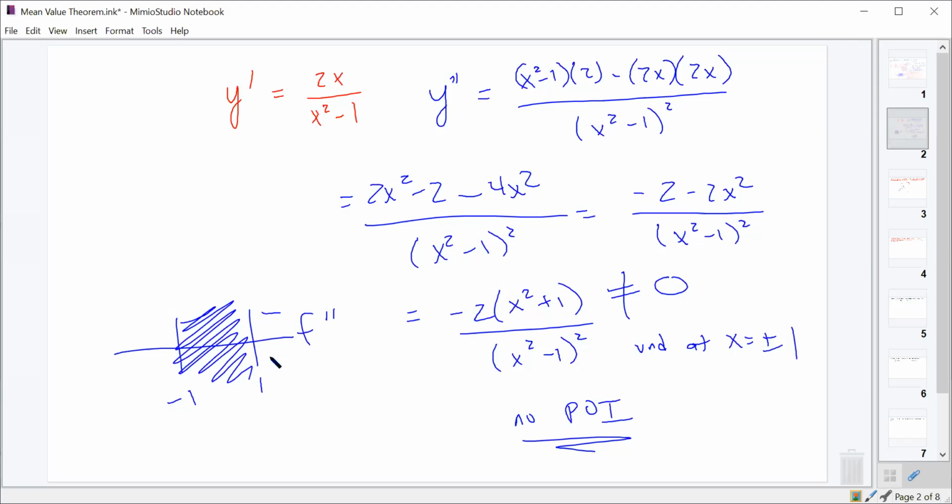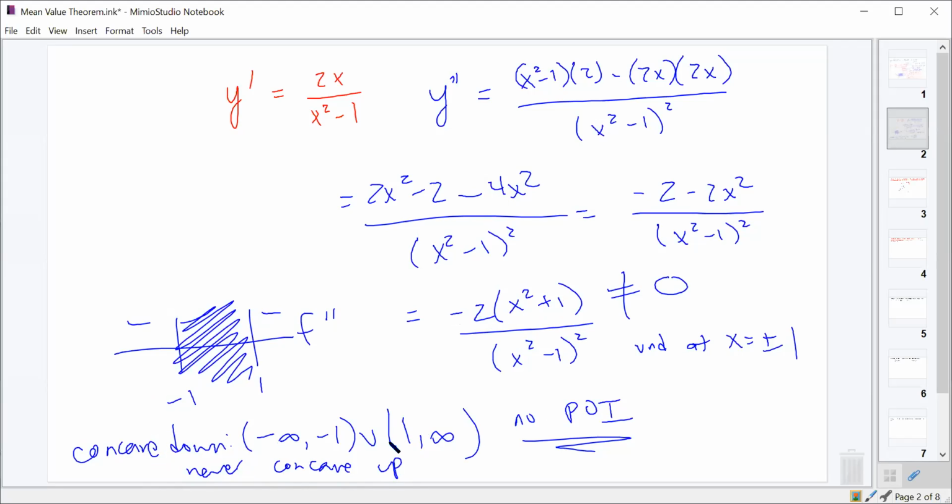So this ought to be negative. And if we plug in a negative number, that negative number squared plus 1 is positive, times this negative is negative, and then something squared is always positive, so again negative, which tells us this function is concave down from negative infinity to negative 1, union 1 to infinity. No points of inflection, and never concave up. Good or no?